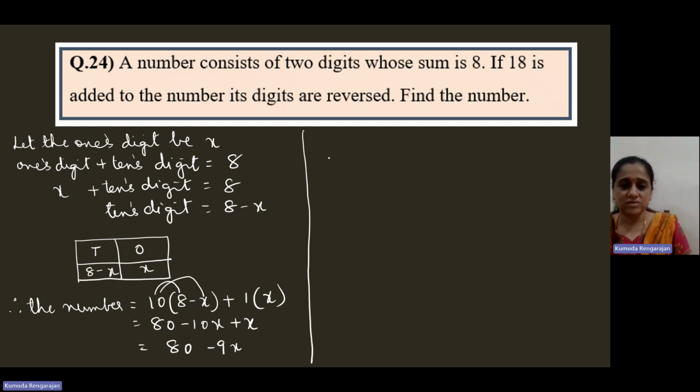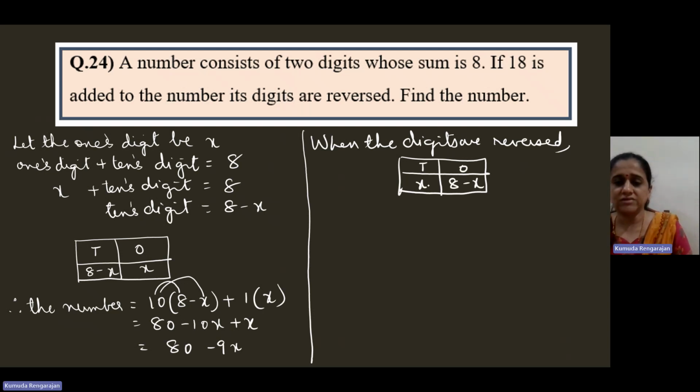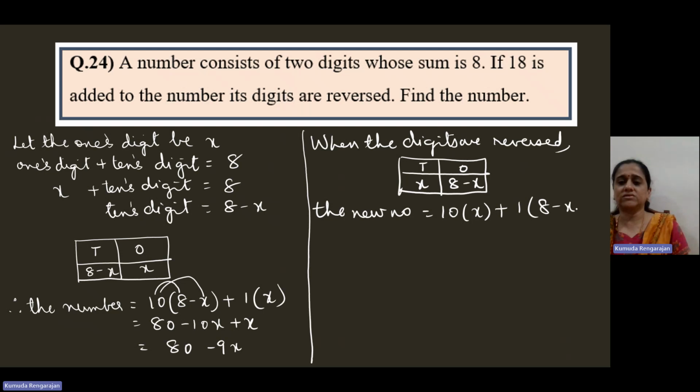Now the digits are reversed. When the digits are reversed, how does the table look? It looks like this. 8 minus x comes here, x comes here. So when the digits are reversed, the new number is equal to 10 into x plus 1 into 8 minus x.